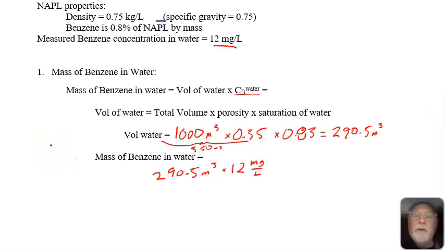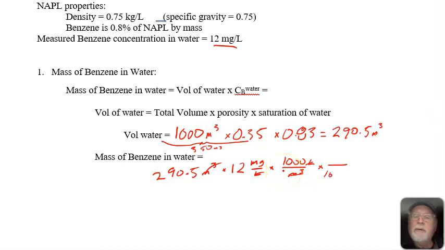And then if I convert units, I might as well write them here. It's 1,000 liters per cubic meter. And then, so now we have, volume cancels out, we have milligrams, probably want this in kilograms. So it's 1,000,000 milligrams per kilogram. I'll go ahead and write it in two steps here.